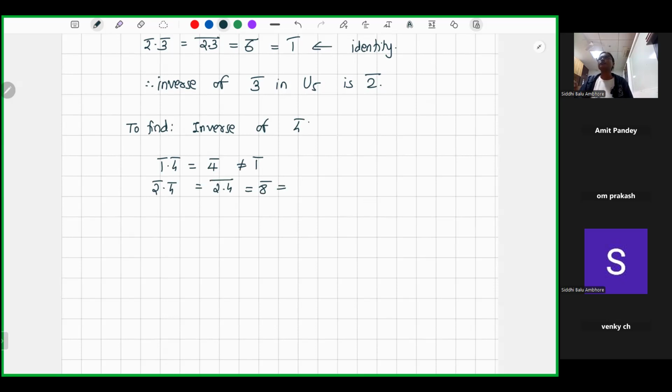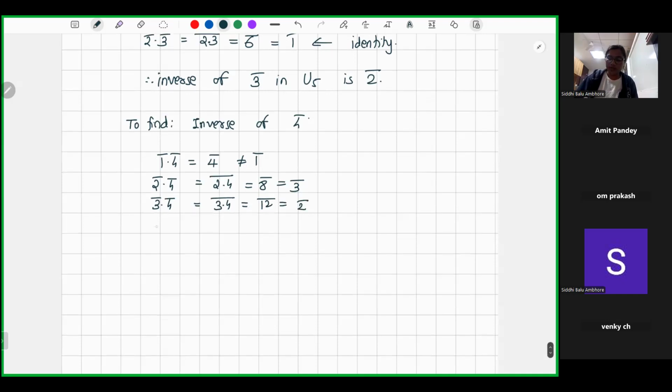In Z5, it is 3 bar. Again, now 3 bar into 4 bar is 3 into 4 bar, that is 12 bar. Under 5, it is 2 bar. And now 4 into 4 bar is 16 bar. And 16 bar is now 1, right?